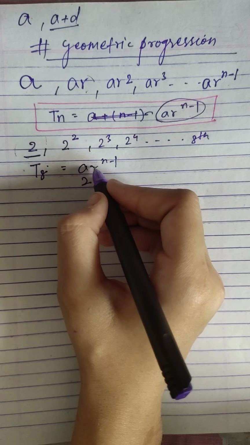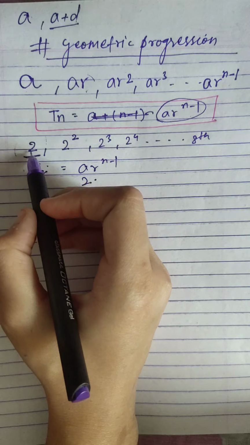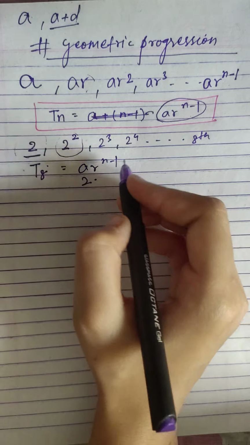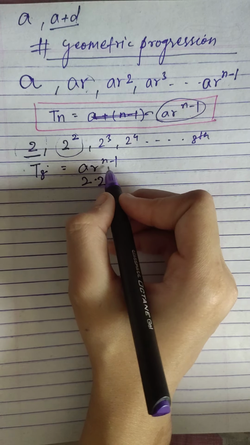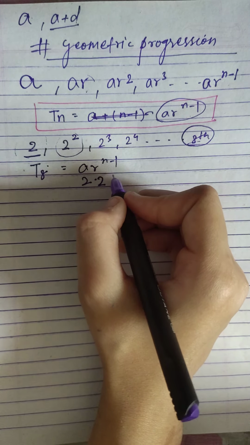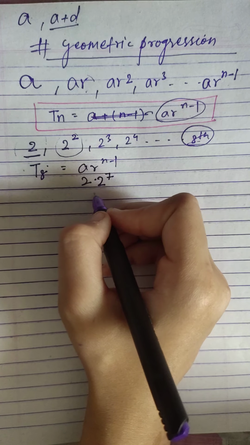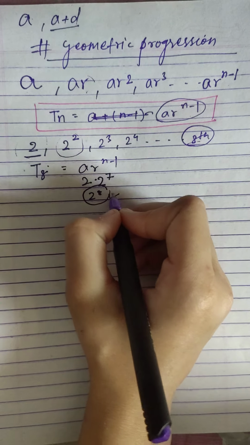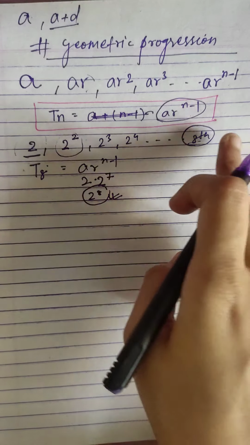Common ratio is the constant number by which each term is multiplied, so 2 is multiplied by 2, then only you are getting 2 to the power 2, so r is 2. And n is 8 because you have to find the 8th term, so 8 minus 1 is 7, so it is 2 into 2 to the power 7, that is 2 to the power 8. This is your answer.